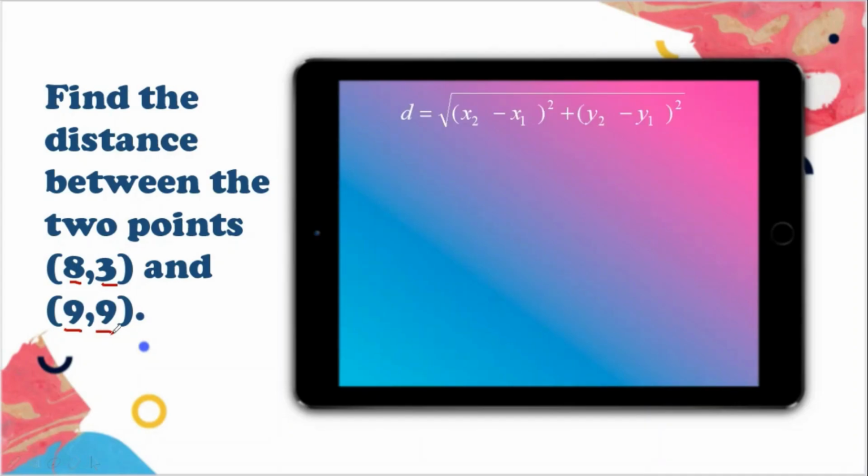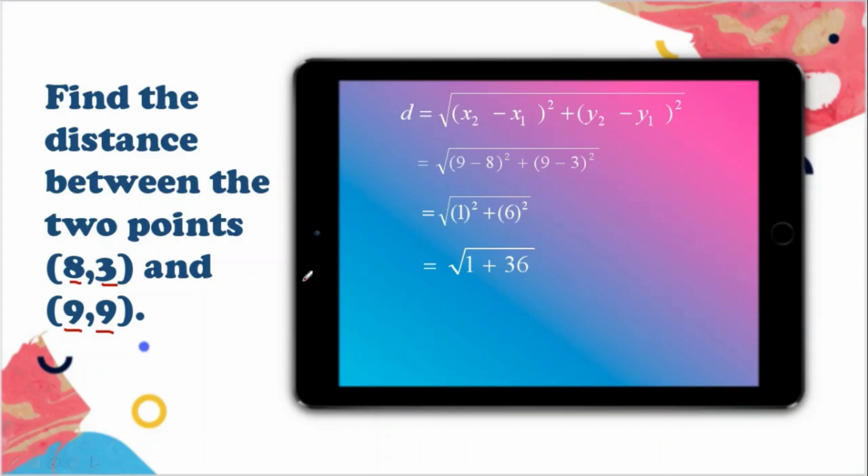So using the distance formula, substitute. Again, x sub 2 is 9 minus the x sub 1, 8, then squared plus our y sub 2, 9, minus our y sub 1, which is 3. So let's simplify. 9 minus 8 is 1. Then 9 minus 3 is 6.